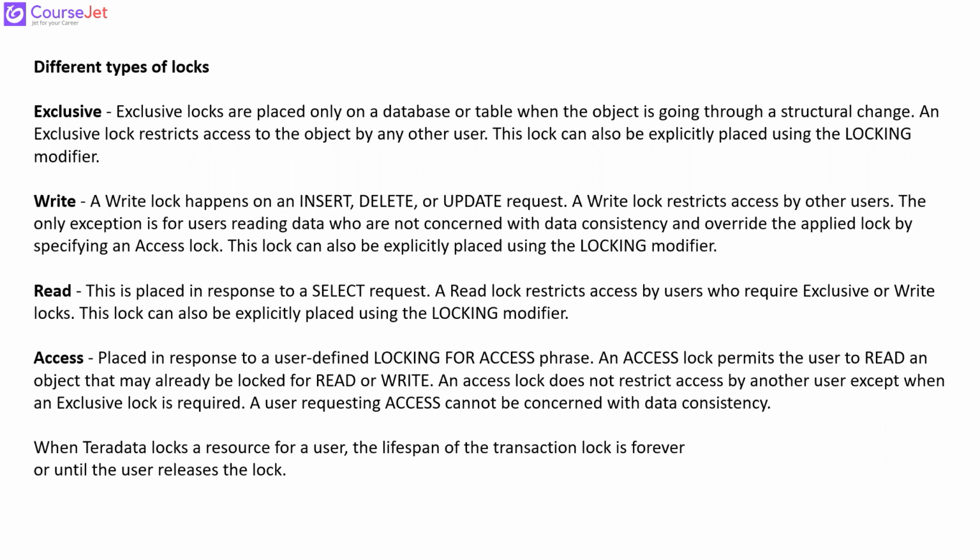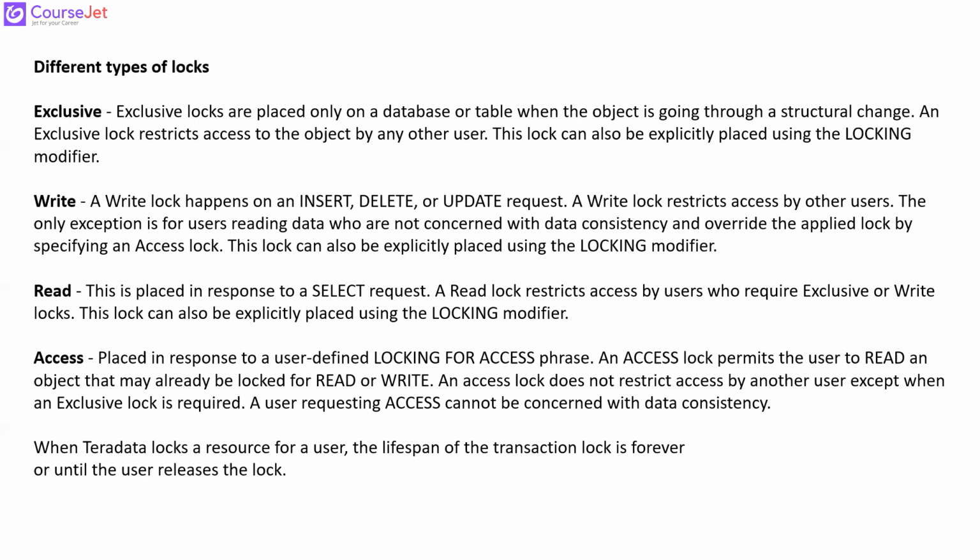So when we have this write lock, we can explicitly have an access lock on this object, and we can read the data. But it's not 100% sure the data is consistent. We may or may not see inconsistent data. You got it, right? Okay.